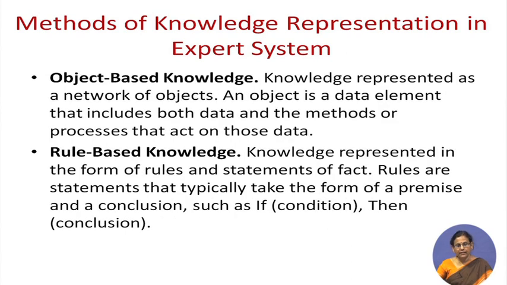The third one is actually object based. It not only stores the data about the object, it also stores the relationship about the object, and the knowledge is represented in the form of a network which connects various entities through relationships.